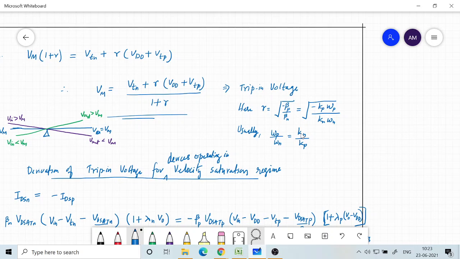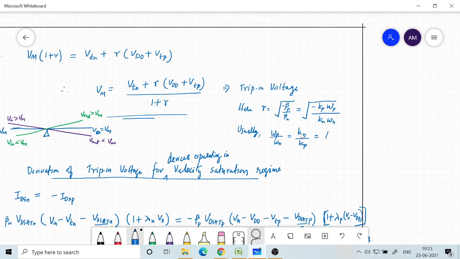So Wp by Wn, that is the width of the PMOS, should be 2.2 to 3 times larger than the width of the NMOS, because Kn is usually, so Kn is what?